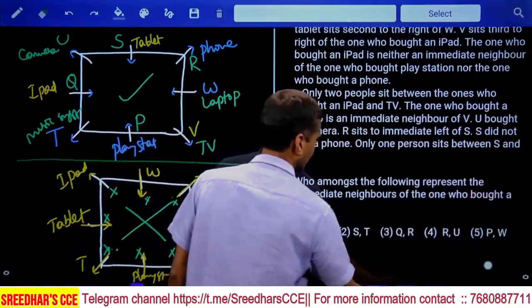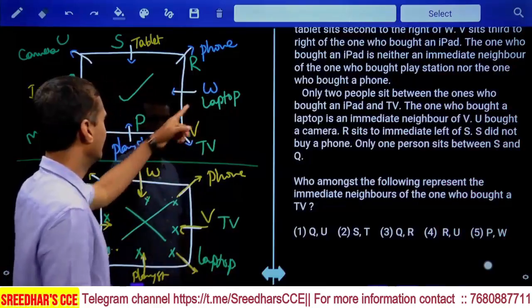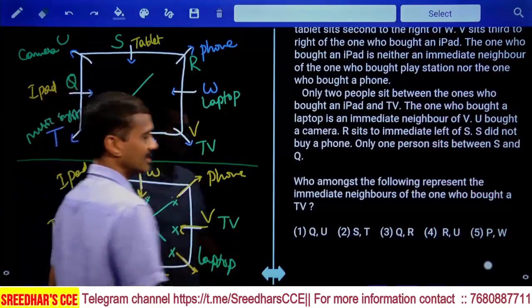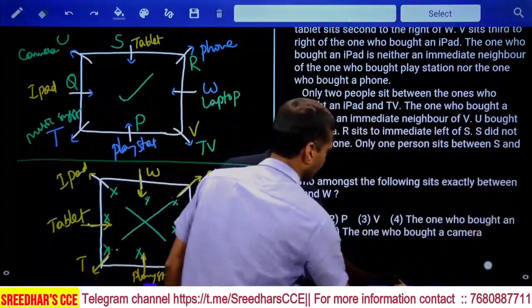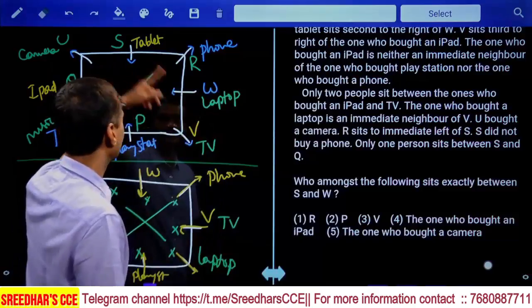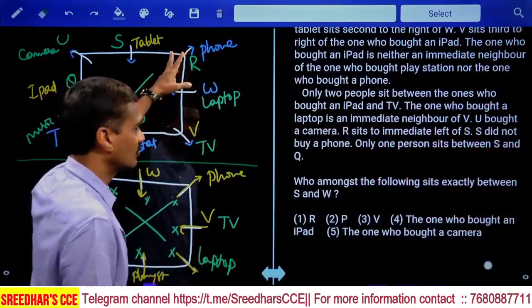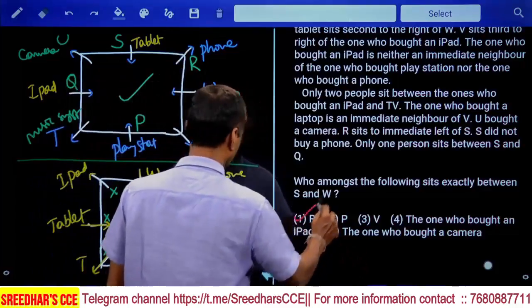Then coming to question number 3, who among the following represent the immediate neighbors of the one who bought a TV? P and W, and it is given in choice 5. Question number 4, who sits exactly between S and W? The one who owns the phone, which is given in choice 1.